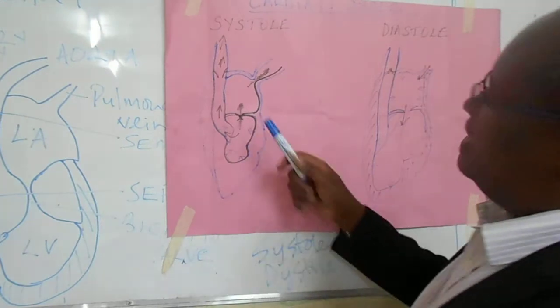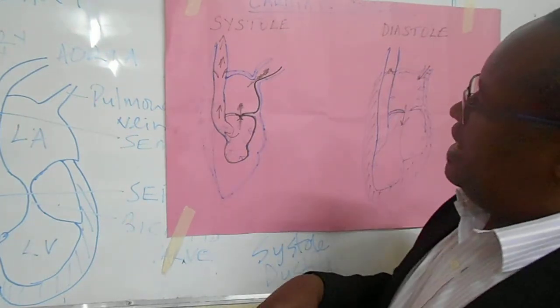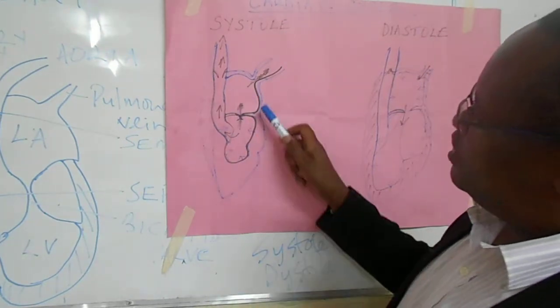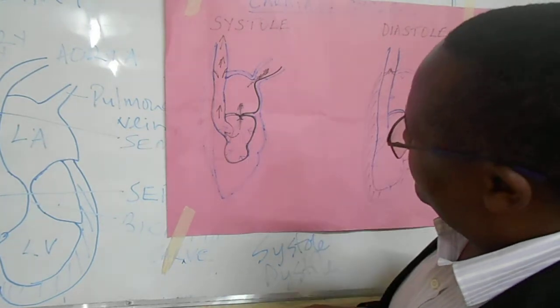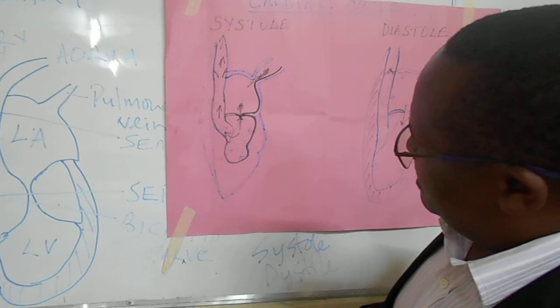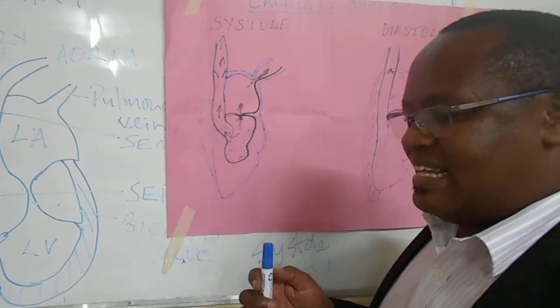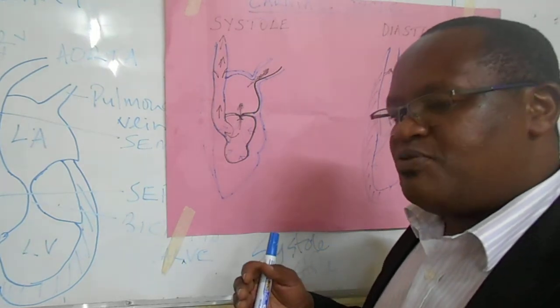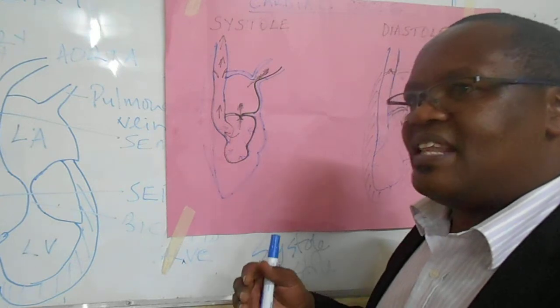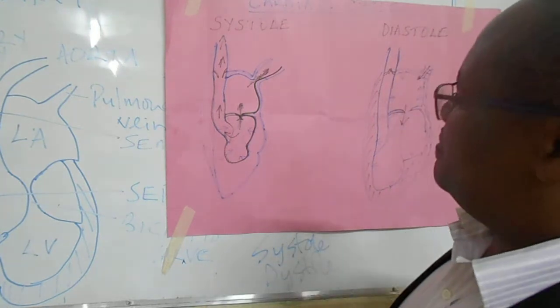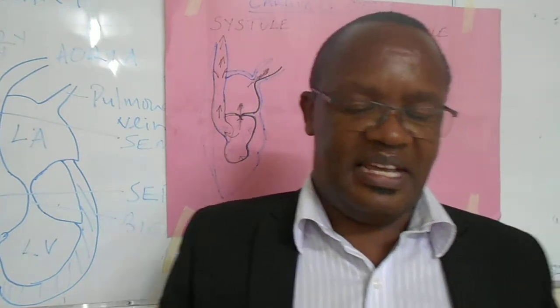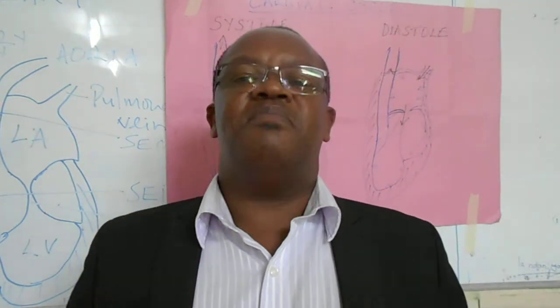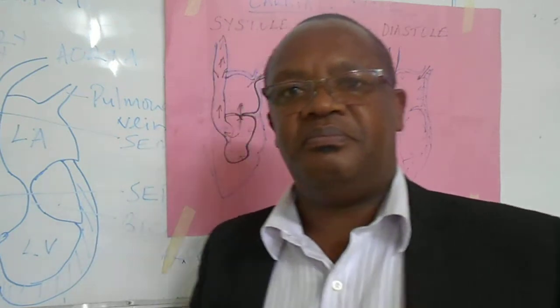If you look at this diagram here, it is showing what is happening during systole. I want us to look at the series of events that occur during systole. First thing that happens is that the ventricular muscles contract.